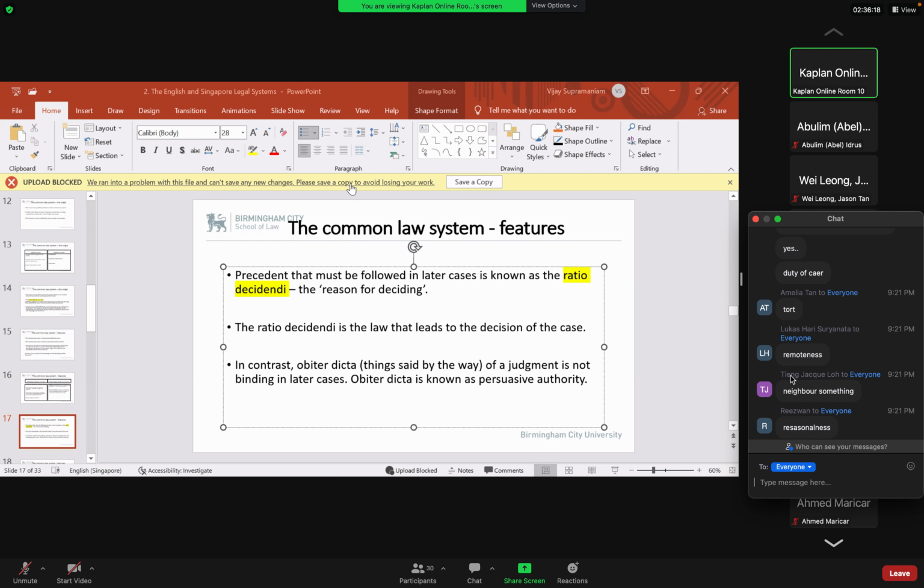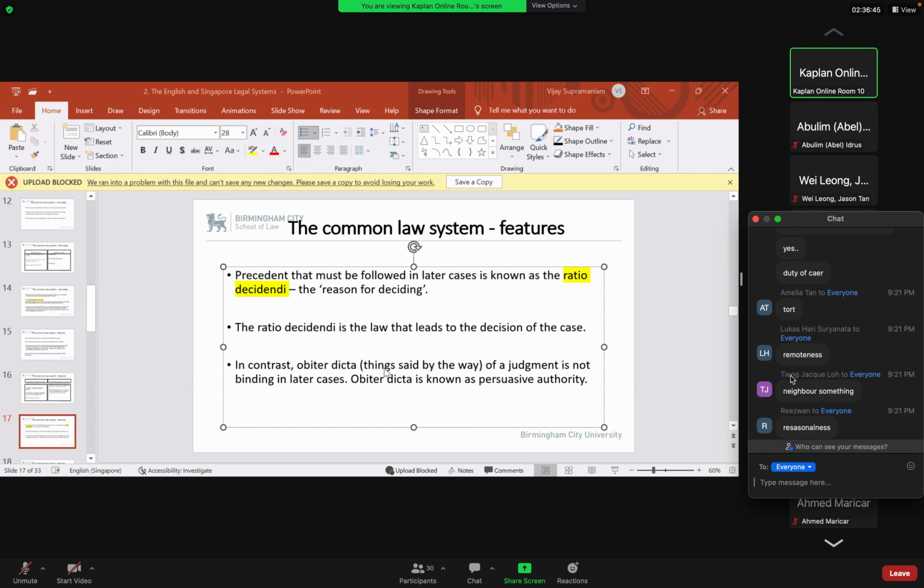So that part of the judgment is not relevant. All right? Only the part of the judgment where you have applied and discussed the law becomes the binding precedent, basically. I hope this is clear here. Okay? So that is the ratio.